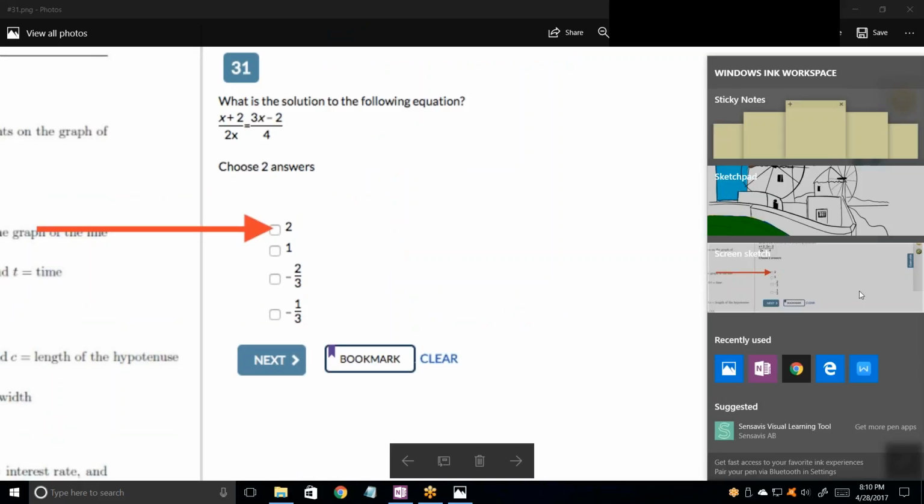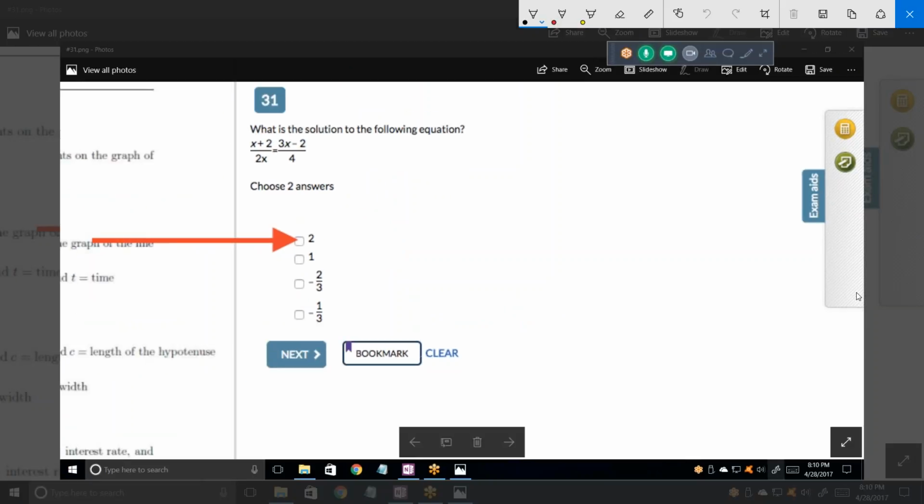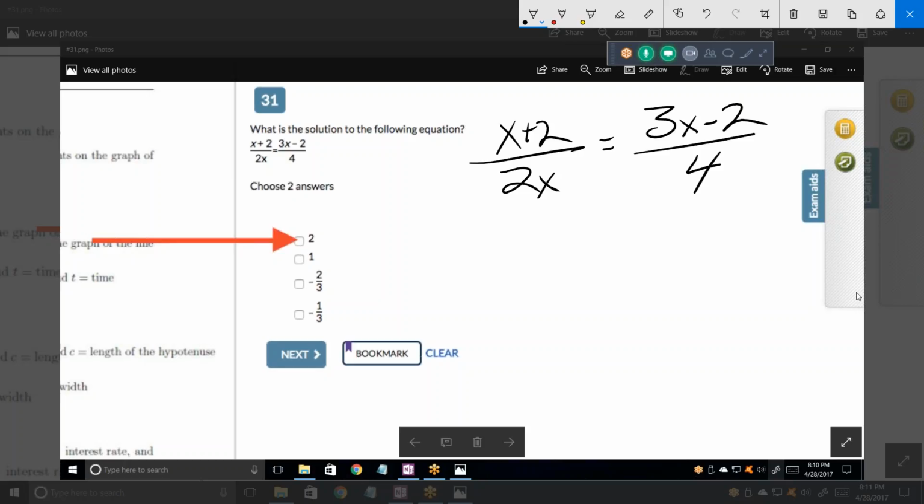All right. Another very similar problem. Notice that I have one fraction equals another fraction. When you see that, think cross multiply. Multiply that, what do you get?